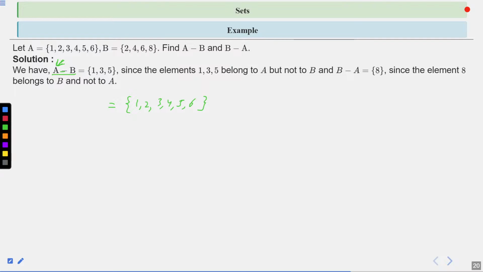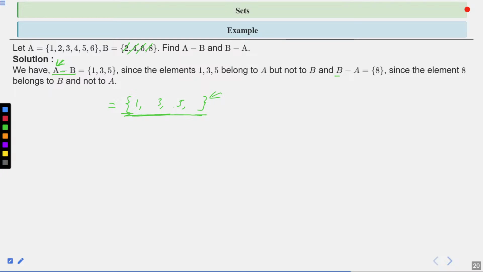We are eliminating B's elements from this set. Eliminate 2 if it is present here. Yes, 2 is there, so eliminate it. 4, eliminate 4. 6, eliminate 6. 8 is not present in this set, so we do not worry about 8. Whatever set we are left with will be our difference set A minus B. I hope this way of writing A minus B is clear to you.